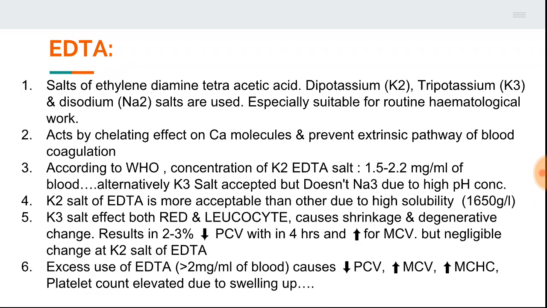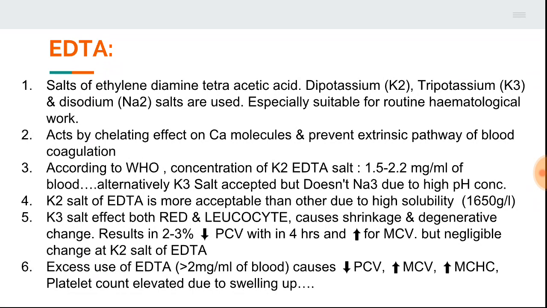Number 4. Dipotassium salt of EDTA is more acceptable than tripotassium salt due to its high solubility, that is 1650 gram per liter. Number 5.